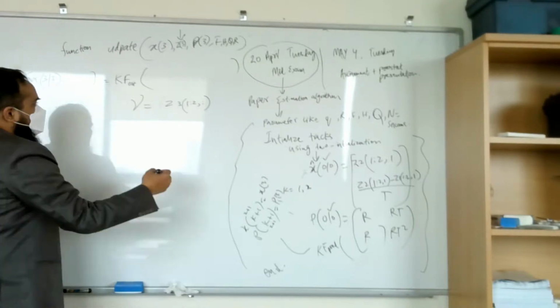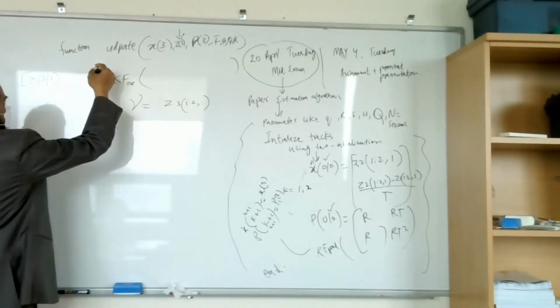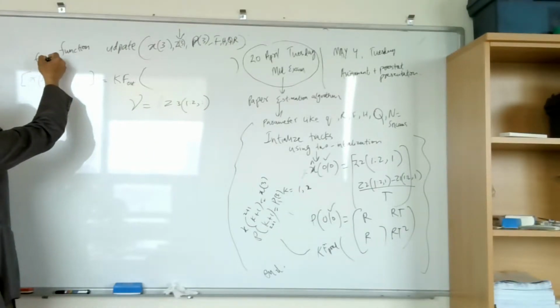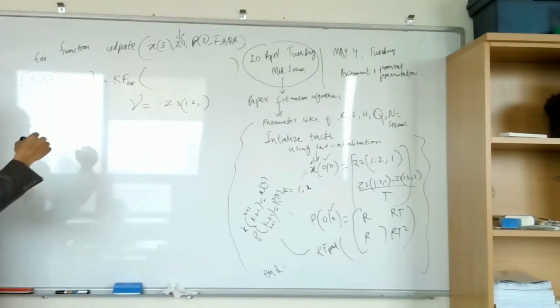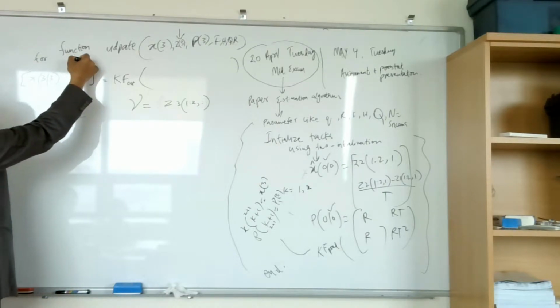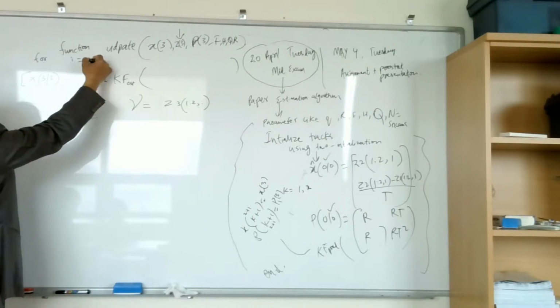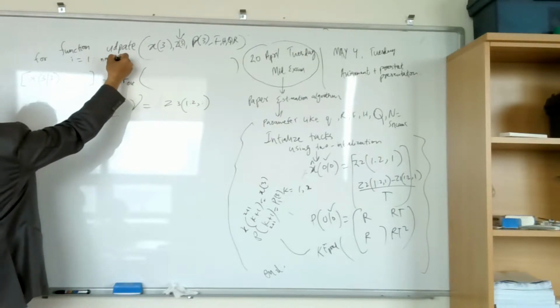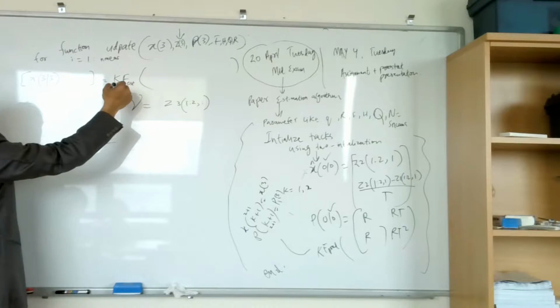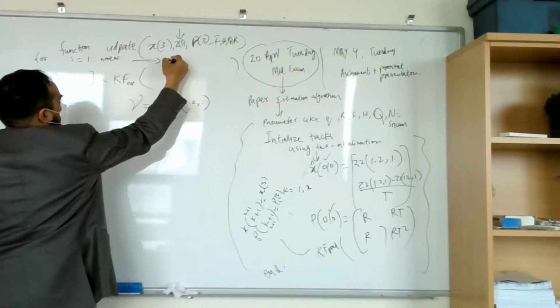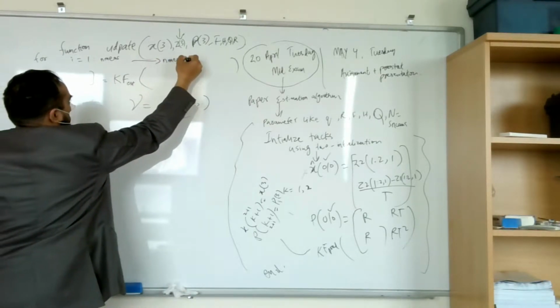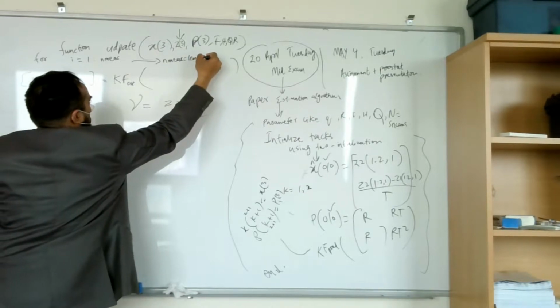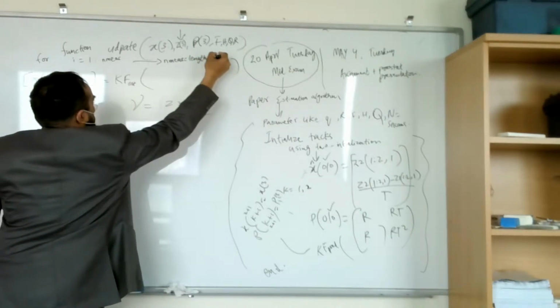So you take a for loop here, for i equals 1 to n measurement. Okay, and this n measurement is the length of z3.